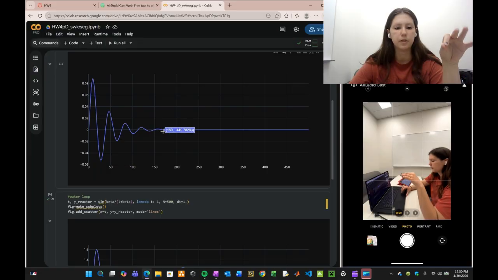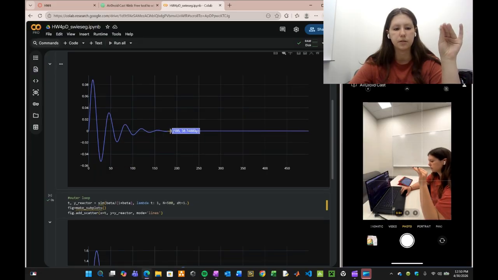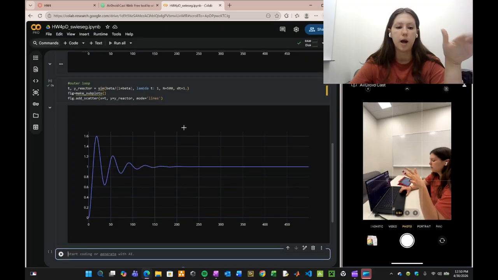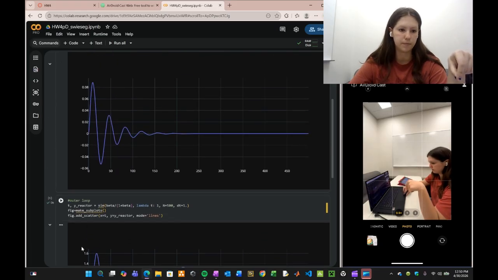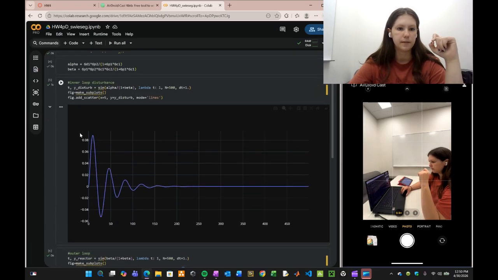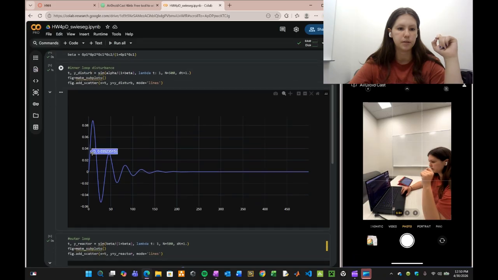But this one, our inner loop, goes steady around 0. Our outer loop eventually goes steady around 1. So this is our servo control down here. And we can see our disturbance here.